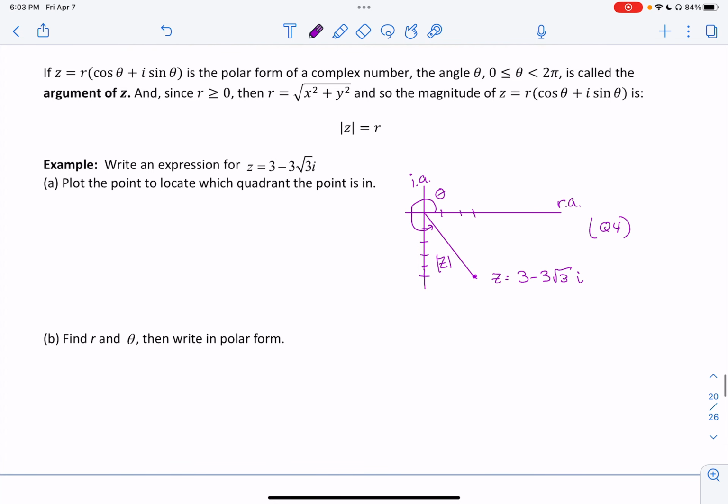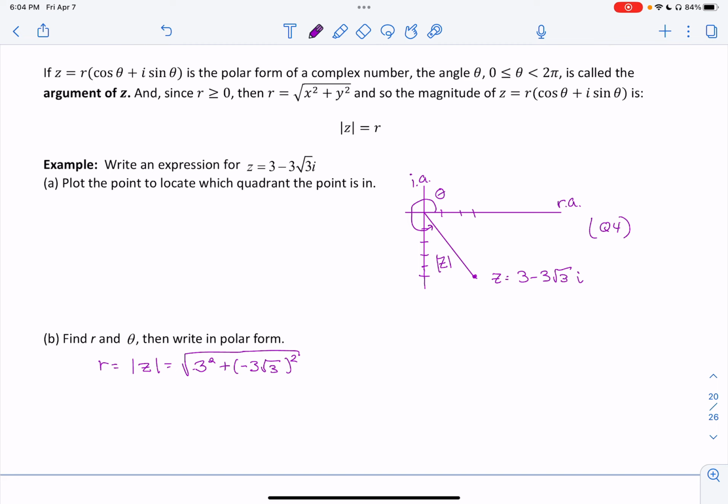All right, so if I want to find r, then I can say that r equals my modulus of z, which is going to be equal to the square root of 3 squared plus, I still like the regular Pythagorean, but you can imagine that it's the same as what z and its conjugate is.